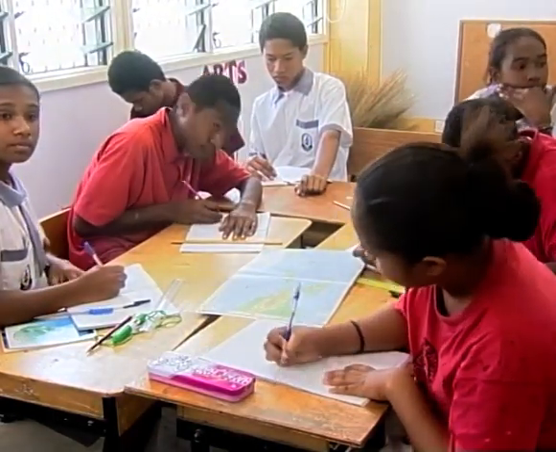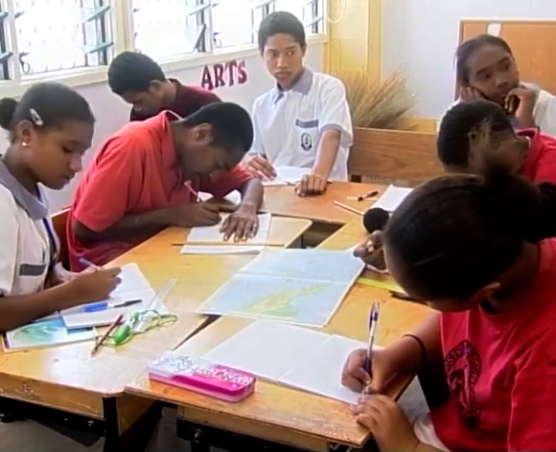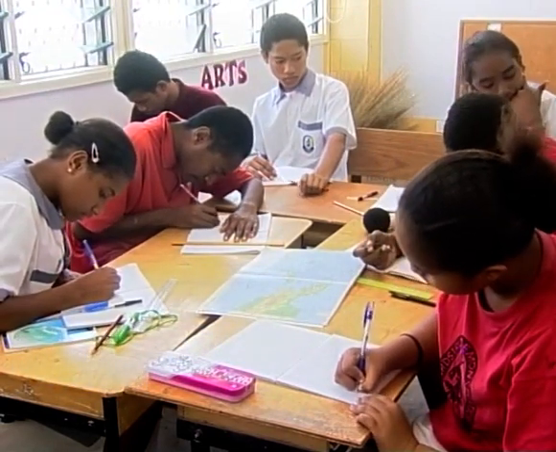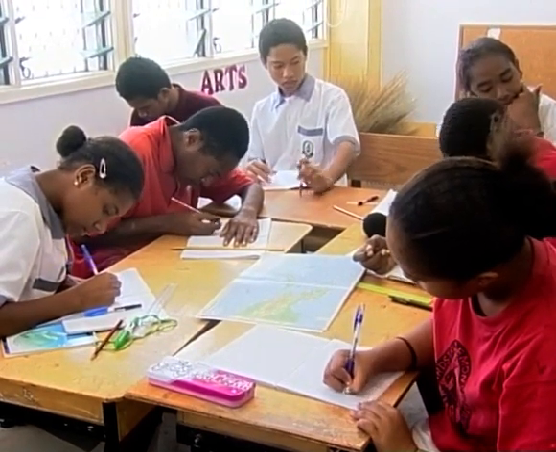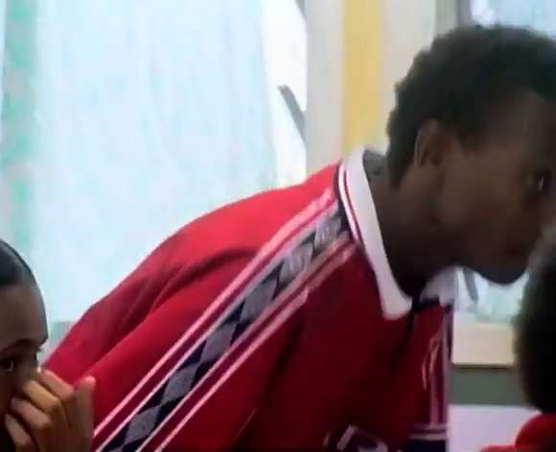Good. Samuel. In my village, land is used in many ways. It is used for growing food, growing cash crops, and also land is used for building houses. All right.